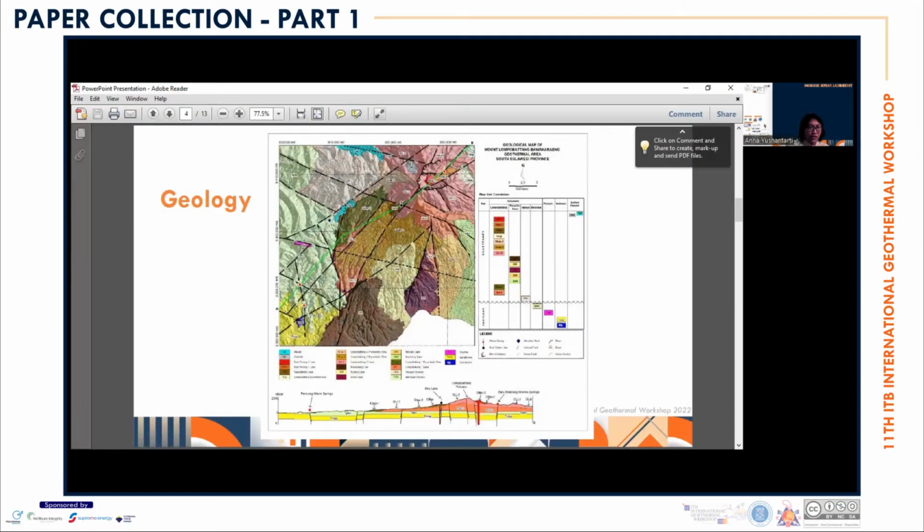Tertiary magmatism activity continued until the end of the Tertiary or Pleistocene period, which was marked by the presence of Batu Rape volcanic products consisting of andesitic basaltic lava rock and pyroclastic rocks with the eruption center estimated to be located in the west of the geothermal area.